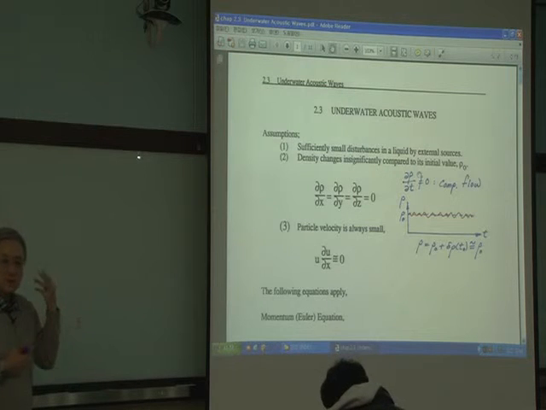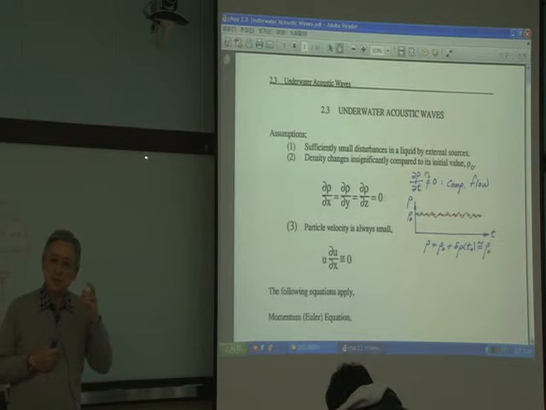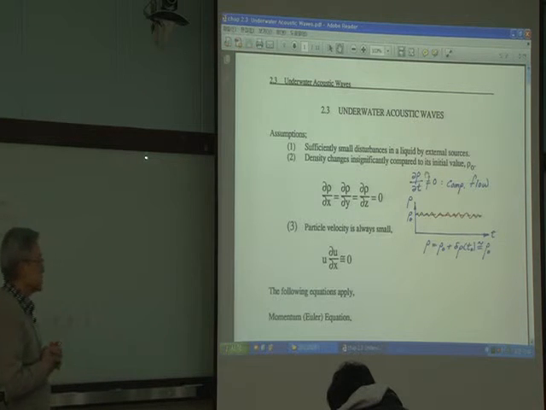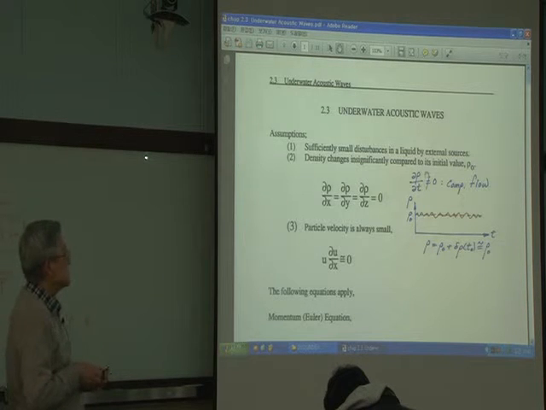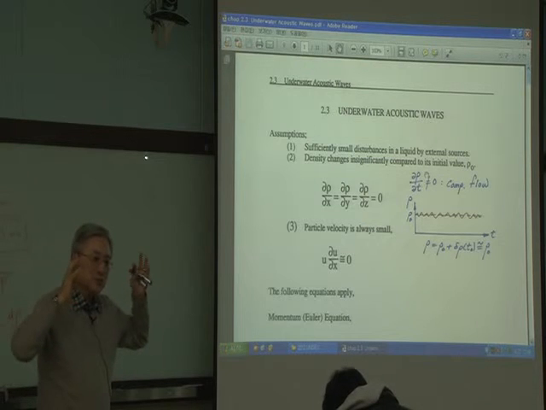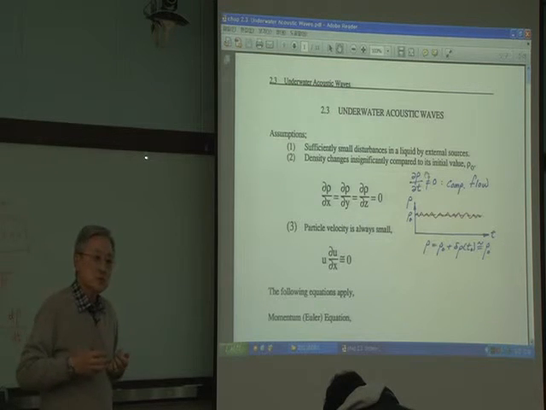This is all the basic conservation law in the fluid. Remember, UVW is a fluid particle. You are dealing with the fluid particle velocity. And for underwater now, with the information we just talked about and learned for the hydrodynamic relation, I'm going to now develop the underwater acoustics equation.